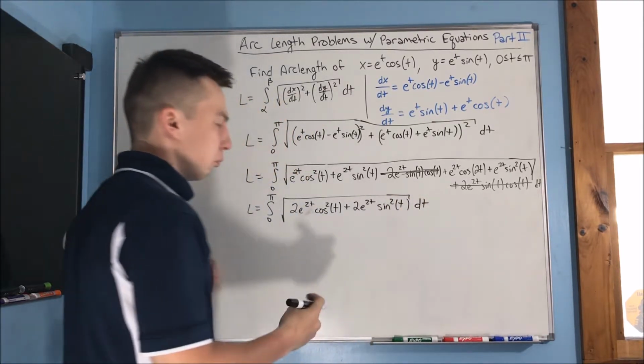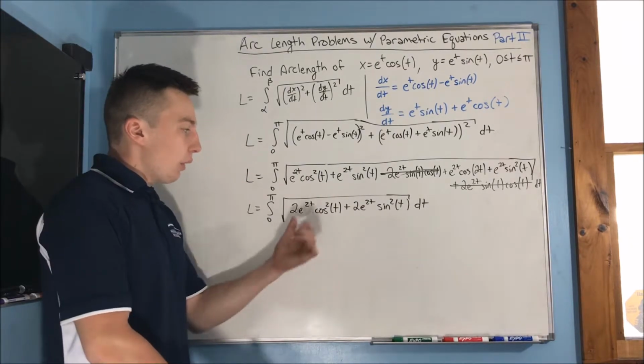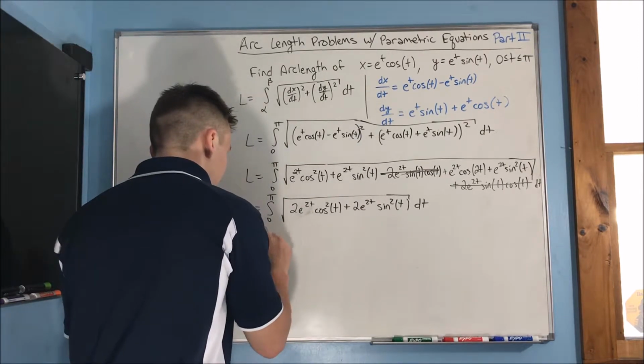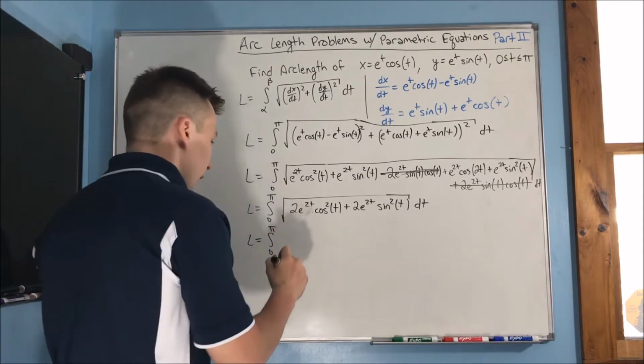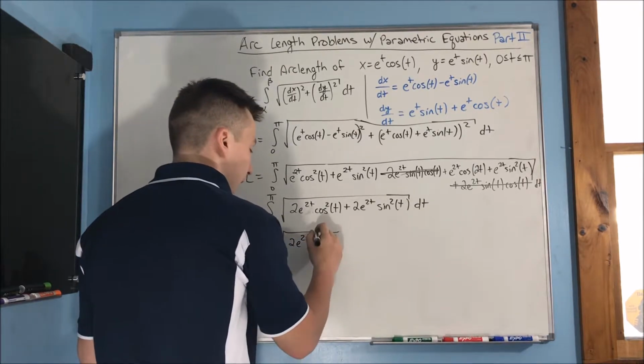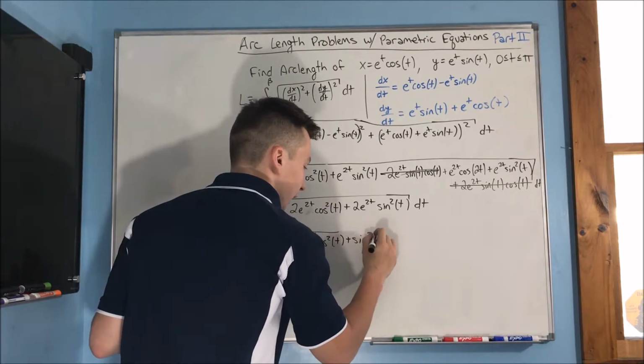You may be wondering why I'm saying this is easy all of a sudden. This is still disgusting. Well, we can pull out a 2e to the 2t here, and when we do that we get a 1 on the inside, because cosine squared of t plus sine squared of t is just 1.